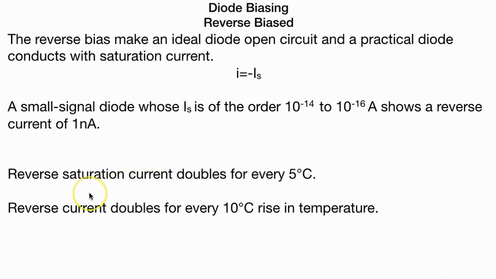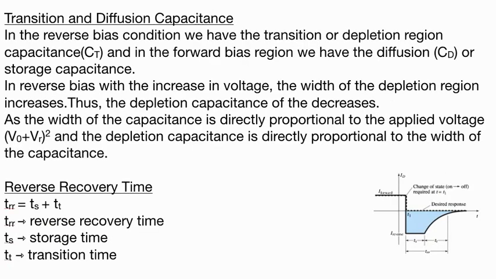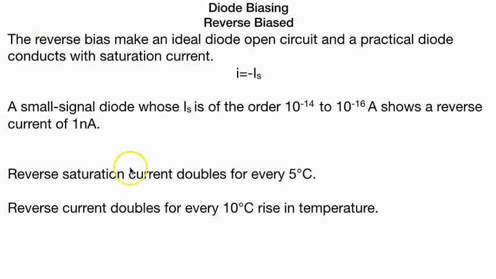And the reverse saturation current, as I have already talked about, doubles for every 5 degrees Celsius, and reverse current doubles for every 10 degree rise in temperature. Now, moving on to the other characteristics of the diode, one more thing I would like to tell you at this point is the formula for how to calculate it.